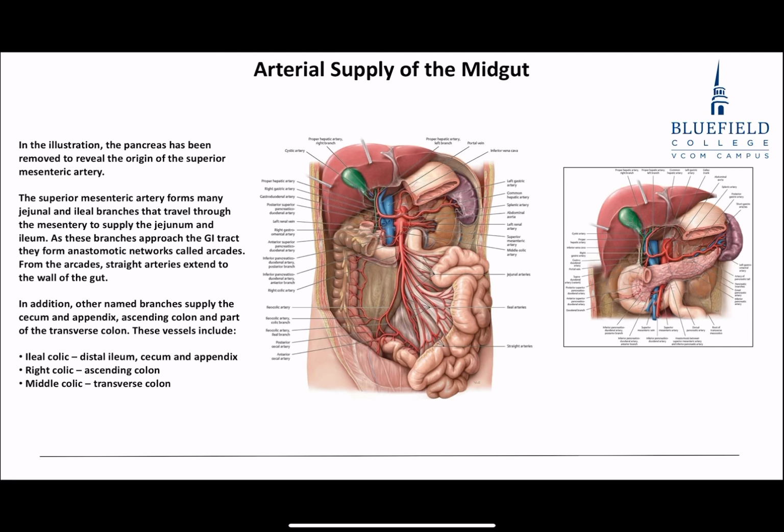I guess there are some named vessels, and I did put them in here. So the ileocolic, if we follow this one, I can't read these little abbreviations or the names here, but this artery coming down to the area where the distal ileum joins the ascending colon, this would be the ileocolic artery, and it's going to give off ileo branches here to the distal end of the ileum.